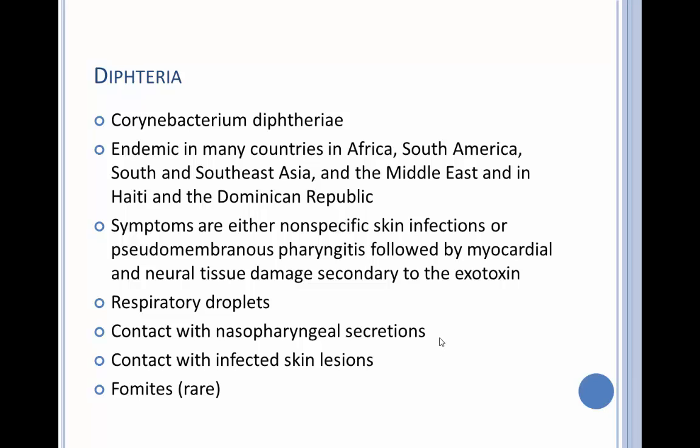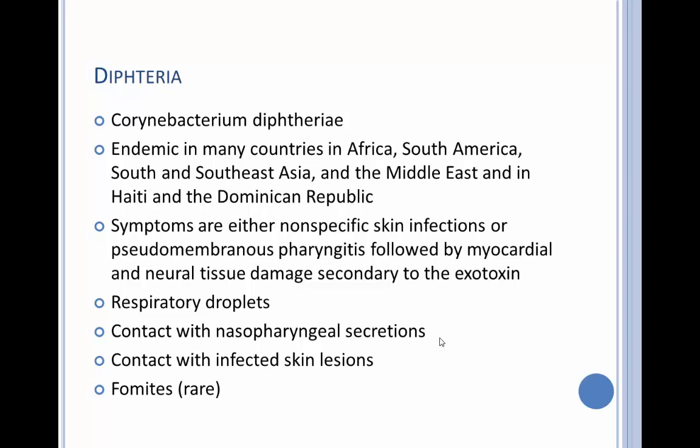It's an acute pharyngeal or cutaneous condition because it could manifest as either. It is basically due to a toxigenic strain of Corynebacterium diphtheriae. And symptoms, again, could be very non-specific, from skin to pseudomembranous pharyngitis. But the most likely complication is myocarditis and also CNS involvement.